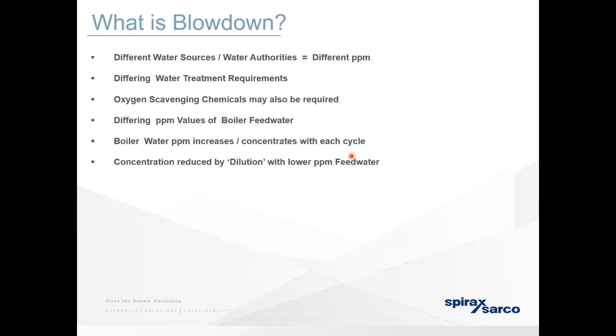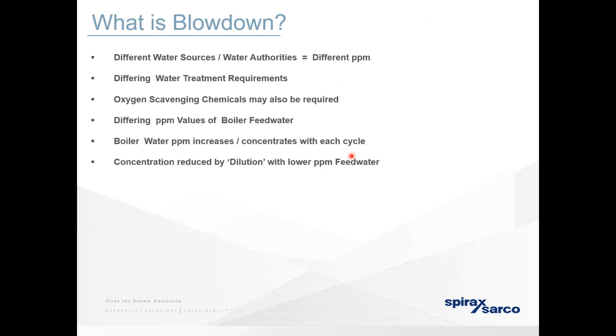So what is blowdown? Why do we blow down our boilers? There are different water sources and water authorities, which will give you a different ppm, parts per million, that you will need to blow down. So different water treatment requirements, oxygen scavenging chemicals may also be required, differing ppm values from boiler feed water. So the boiler requires a blowdown point, because boiler water ppm increases as it concentrates.